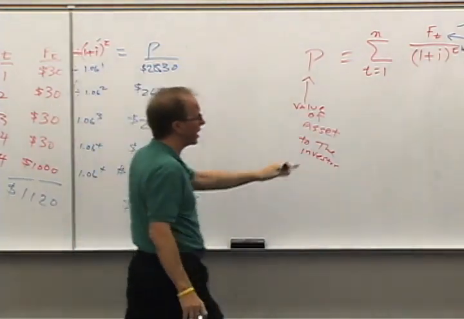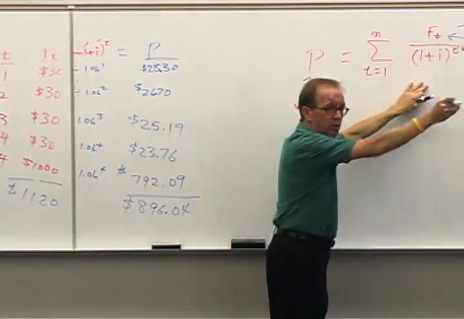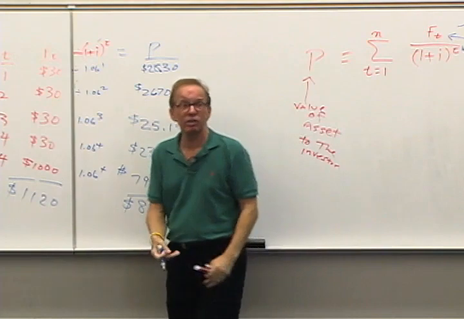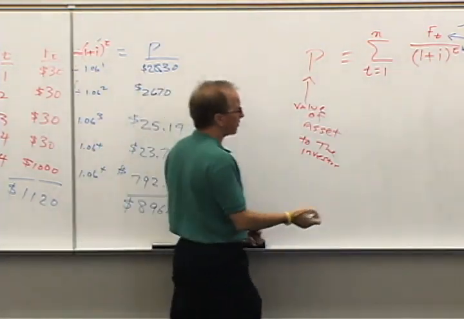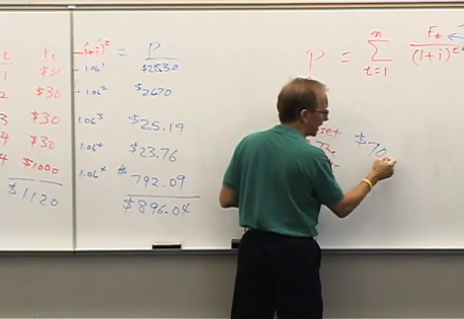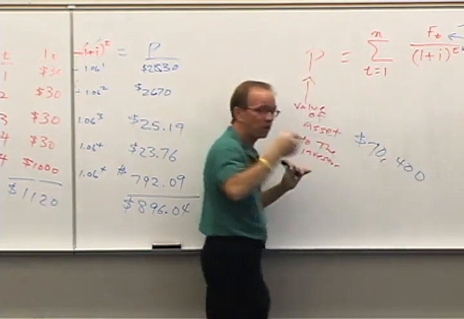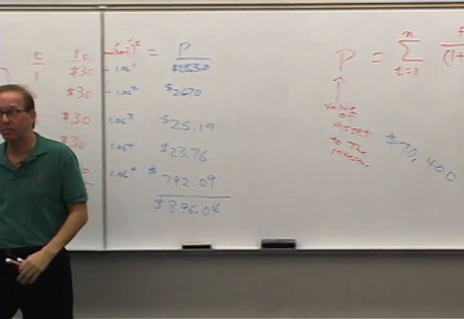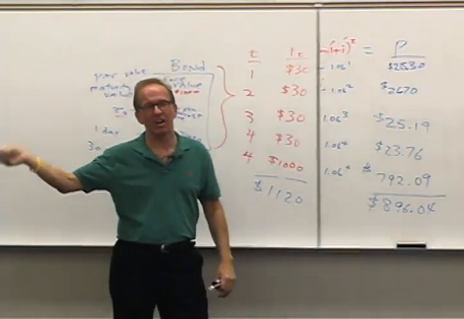And then we would discount each one of those in the future back to their present value, and then you'd come up with some number. You'd say, oh, look, the present value of this house is, I don't know, $70,000 or $70,400. You got a number. The present value of all those future rent payments, net of expenses.